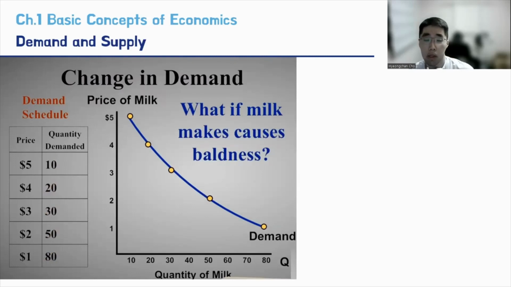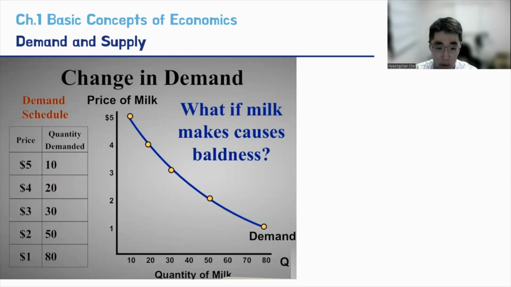So let me think of other things. The demand schedule is all the same, and if some kind of negative news about milk comes out, like what if milk causes baldness? When this kind of negative issue comes out about milk, then people want less milk than before because most of them don't want baldness in their hair, right?